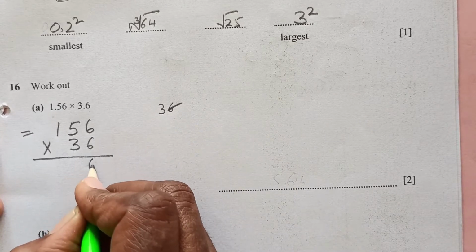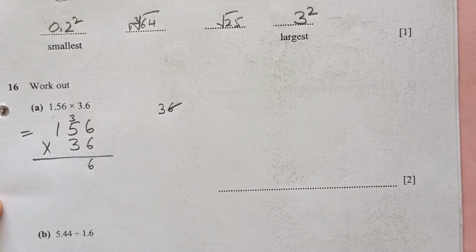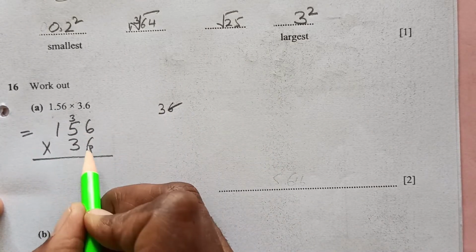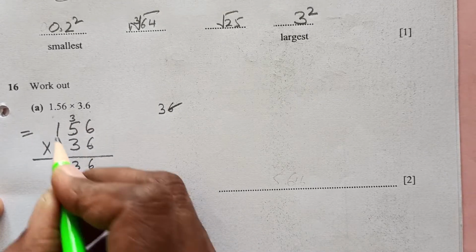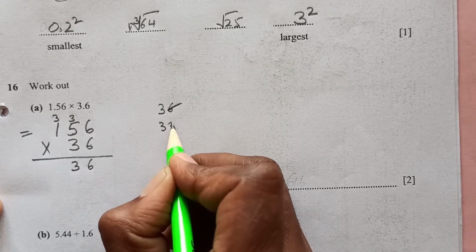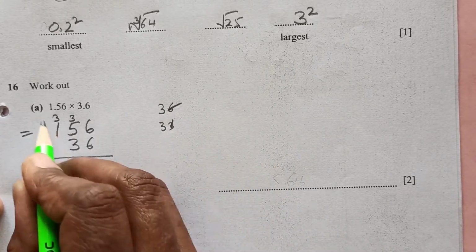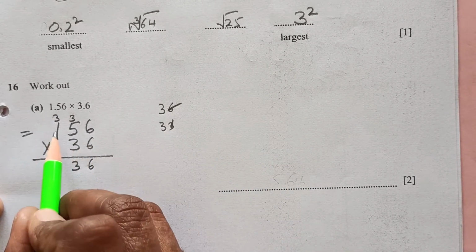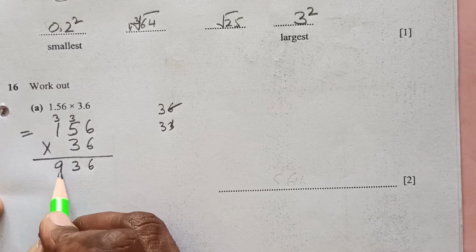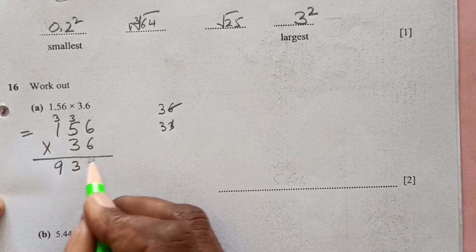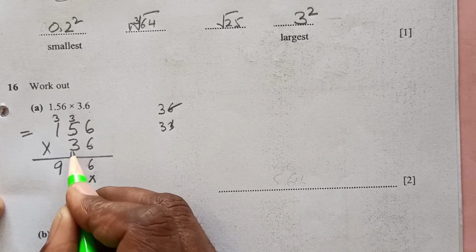So 6 will go here, and this 3 will be going up here to add in the next one. 5 times 6 is 30. 30 plus 3 is 33. Then from 33 we put 3 here, and 3 go up there. 6 times 1 is 6, plus 3 is 9, right? So first one is done, so put a cross here. Next go for the next number.